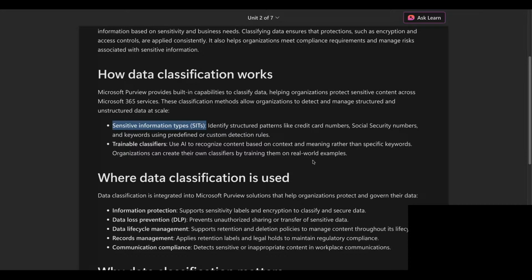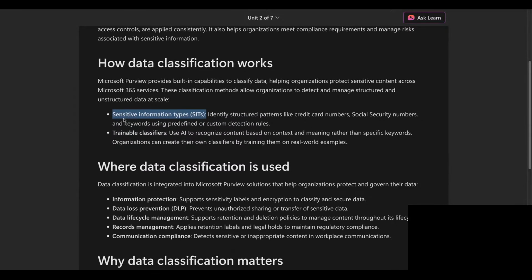Okay, let me go back. I'll come back here. So that's what a sensitive information type can do.